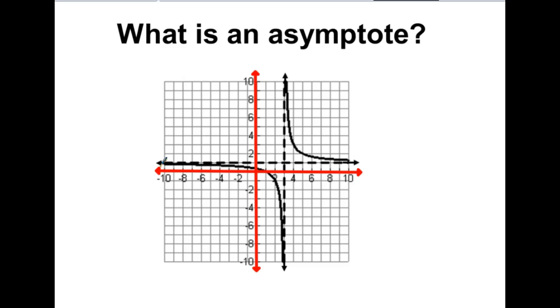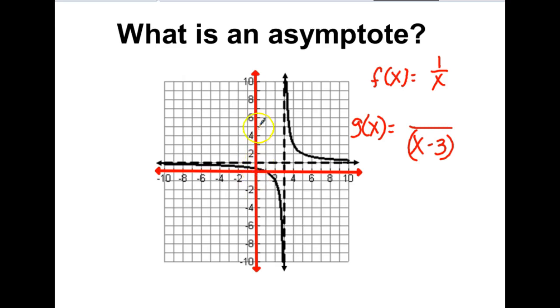So, the equation of the parent graph is 1 over x, and this has been shifted 1, 2, 3. So this would be x minus 3. Why is it minus 3 if it went to the right? X is still a liar.